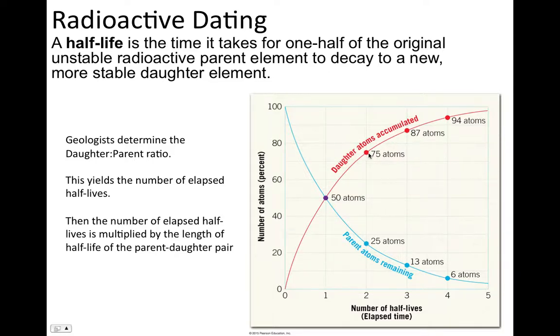That means there were 75 daughters and 25 parents. That would tell us that 2 half-lives have elapsed, and they would multiply that number by the length of one half-life, 704 million years, and so that would give us 1,408 million years, or 1.4 billion years. So this is how geologists determine the absolute age of the rock.